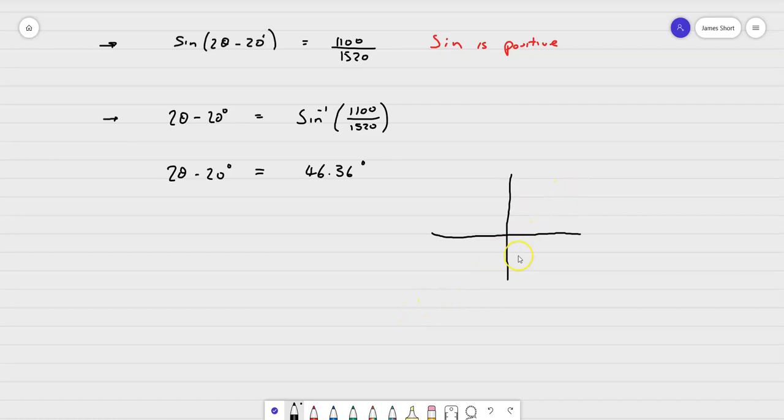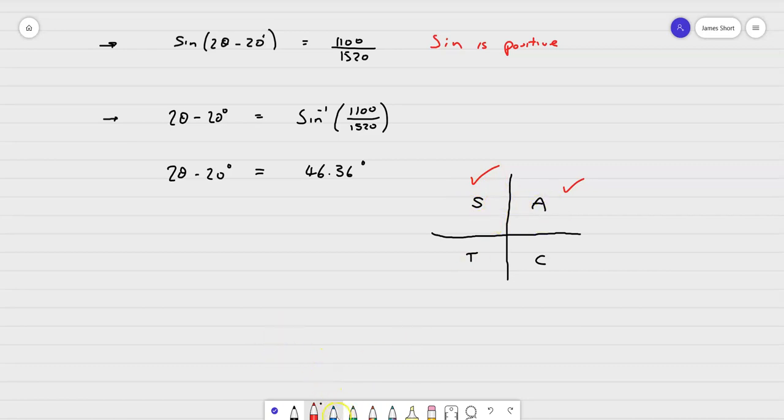Okay, so what we have is our cast diagram. Because up here we said sine was positive, we know that it's going to be in these two quadrants, the A and the S, because all functions are positive in this quadrant and only sine is positive in this quadrant. Because sine is positive, it's going to be in these two.